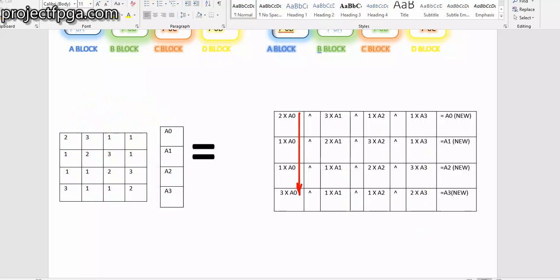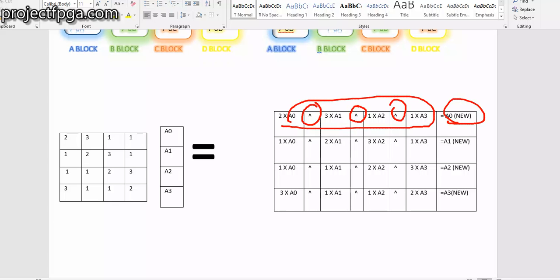Then at the end, you XOR everything. The XOR is more like the addition we are using here. So we are going to XOR everything in the first row, and then we're going to get the new A0. When we repeat this for B, we're going to get the new B0, B1, B2, B3. So this is how it works.